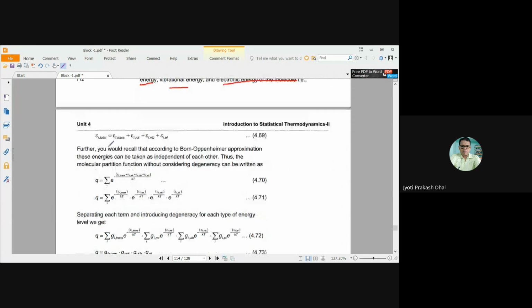That means epsilon i total equals epsilon i trans plus epsilon i rot plus epsilon i vib plus epsilon i el. This is the contribution due to translational energy, this is due to rotational energy, this is due to vibrational energy, and this is due to electronic energy.